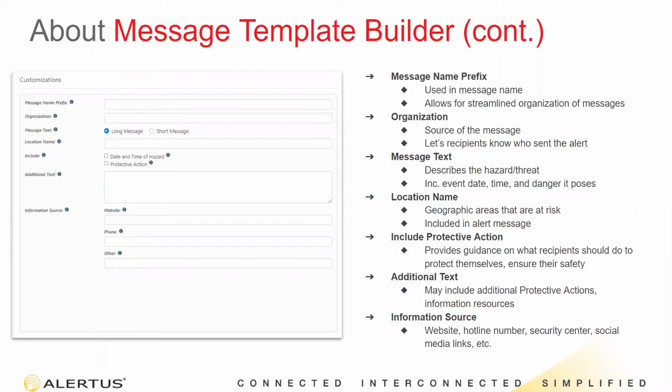The protective action provides guidance on what recipients should do to protect themselves to ensure their safety. You can add additional text to add more protective actions or other information resources as needed for the particular threat or hazard. And finally, you can add a website, a hotline number, security center, or social media links under information source that allow your recipients to stay up to date with the latest information regarding the alert.